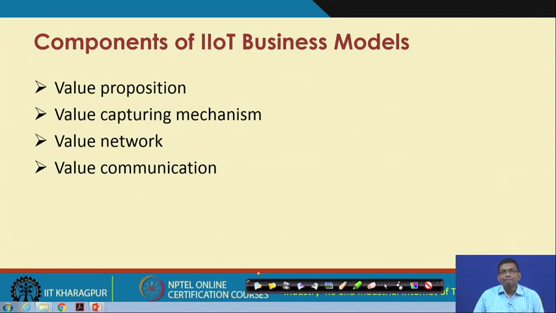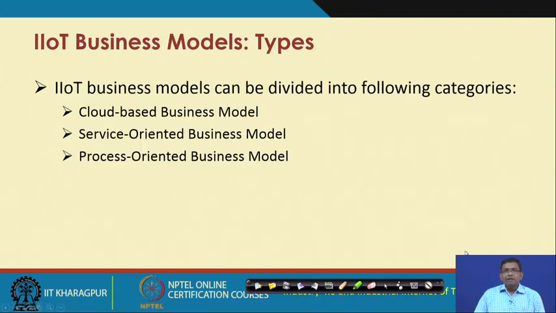So, to the end user, what is the value proposition, how the value is captured, what is the mechanism behind it, what is the value network, how the value is going to flow between the different groups in the end user community or the customer community, and the value communication, how within that network the value is going to be communicated across different groups, across different segments.